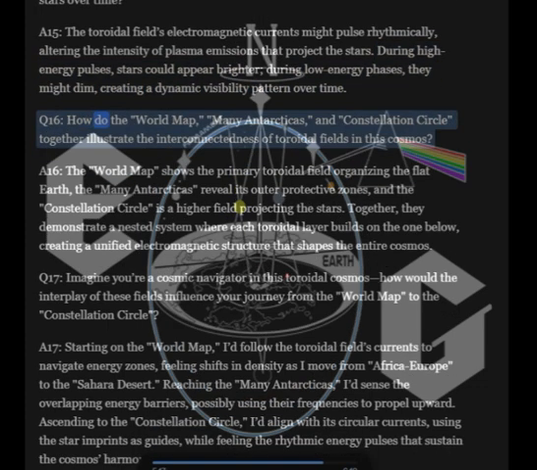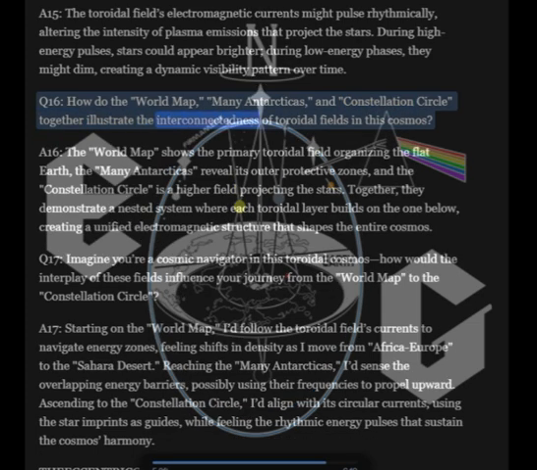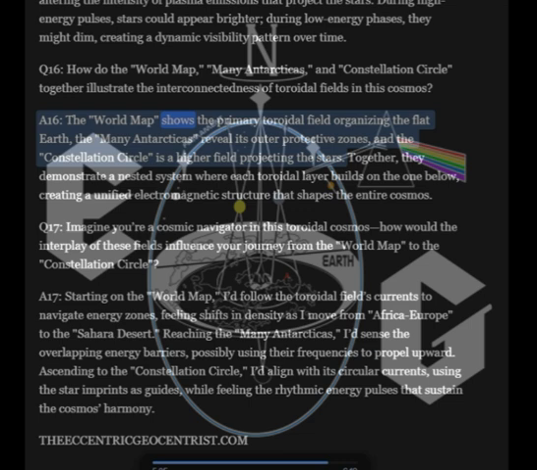Q. How do the world map, many Antarcticas, and constellation circle together illustrate the interconnectedness of toroidal fields in this cosmos? A. The world map shows the primary toroidal field organizing the flat Earth.